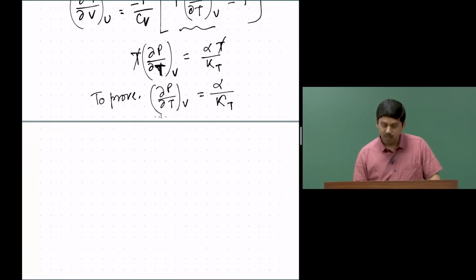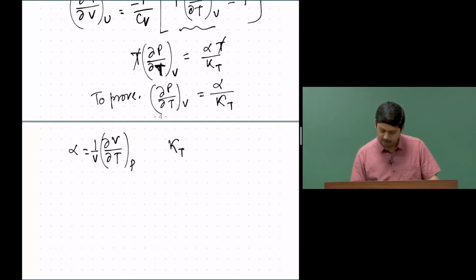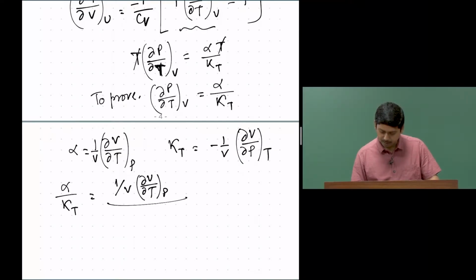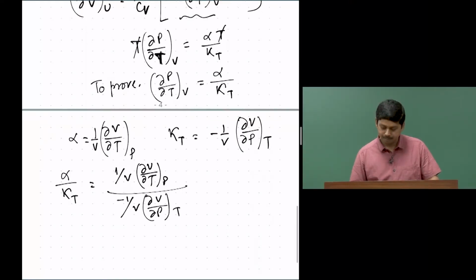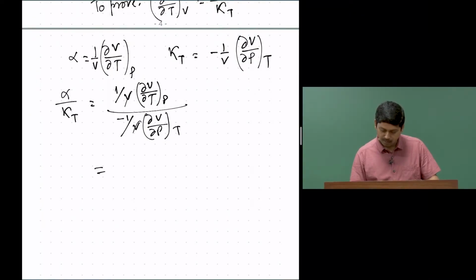Now, we know what is alpha. Alpha is the coefficient of thermal expansion. So, 1 by V del V del t at a constant pressure, and we know what is kappa T, right, minus 1 by V del V del P at a constant T. So, alpha by kappa T is 1 by V del V del T at a constant P by minus 1 by V del V del P at a constant T. 1 by V cancels each other, there is a minus sign, we will have to deal with that.